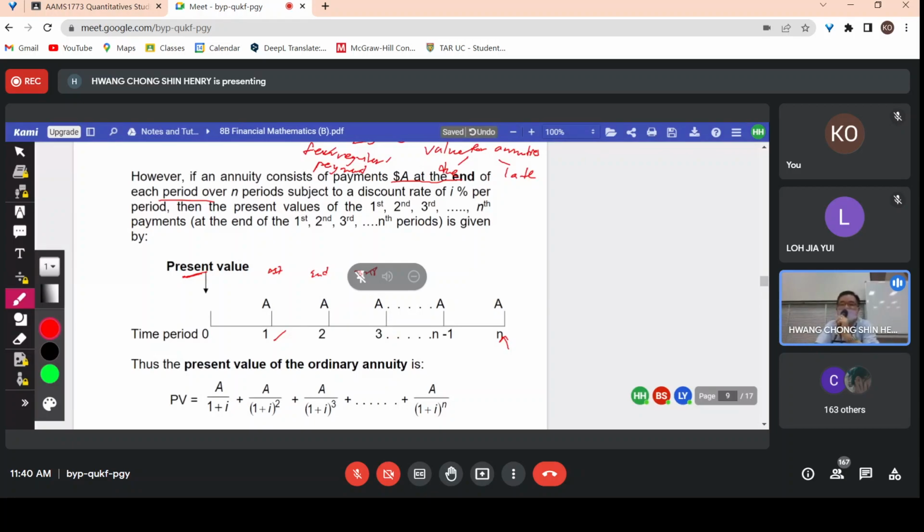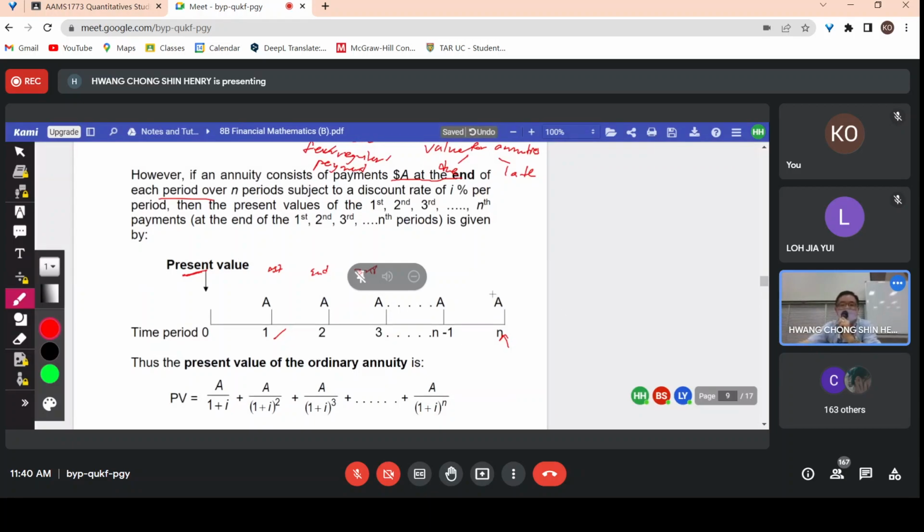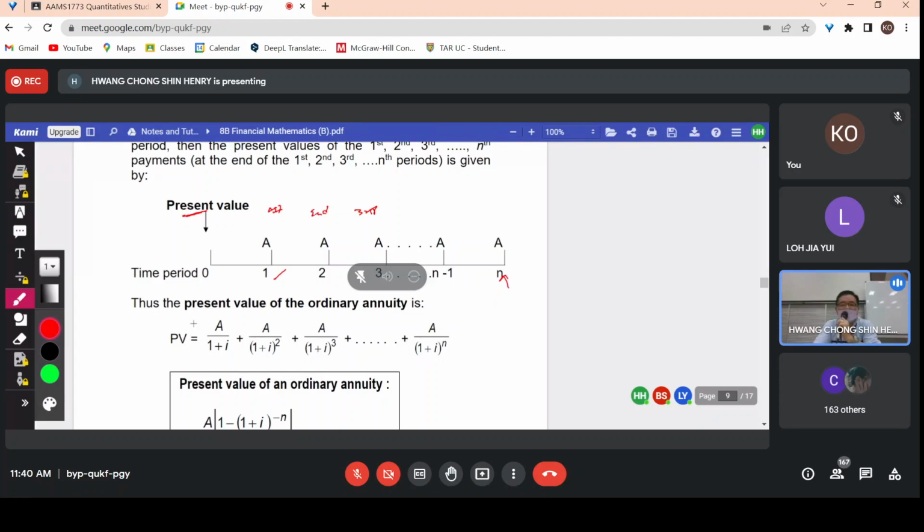So again, based on the diagram, for the first one, the first payment, A over 1 plus I. Can you see the n here is 1? Same formula, S over 1 plus I. So the first one, n is 1.